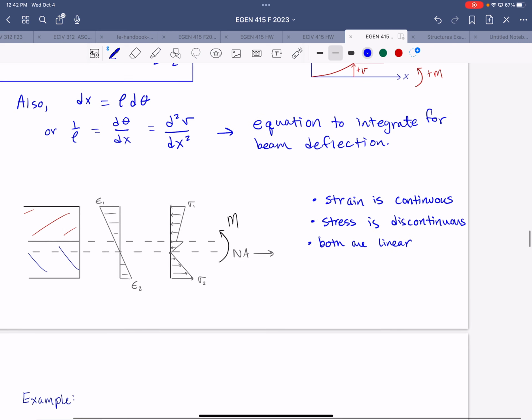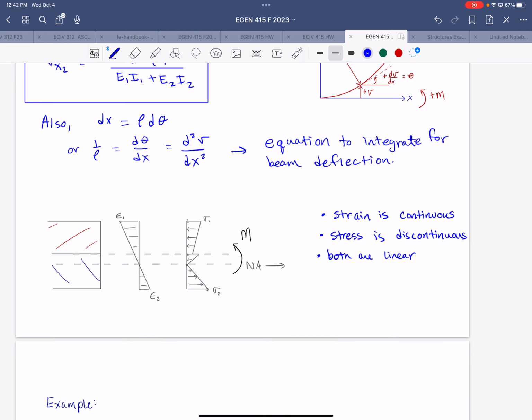That's because of the assumption we're making in the beginning that strain is continuous because everything has to be conforming. So the plane sections remain plane. That's why we can say that the strain is linear and continuous.